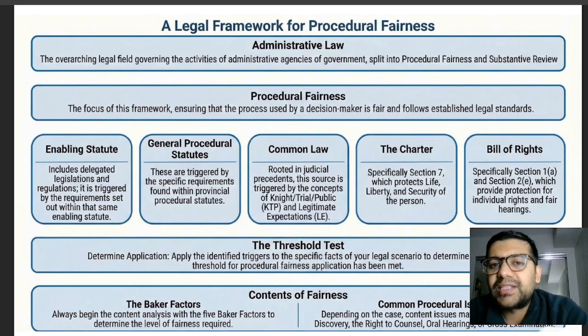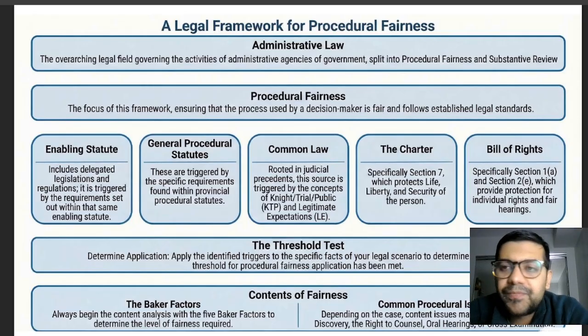Those are specific situations and issues, and you will be able to identify right away, when I talk about it, how to differentiate between the common law question versus the Charter and the Bill of Rights. It could be possible that the question will be somewhere a mix of both, but then you will be able to actually identify that as part of the issues. We'll talk about it. Now, coming further, once you have identified the sources, then you have to apply, right?